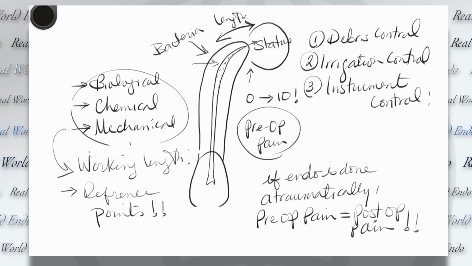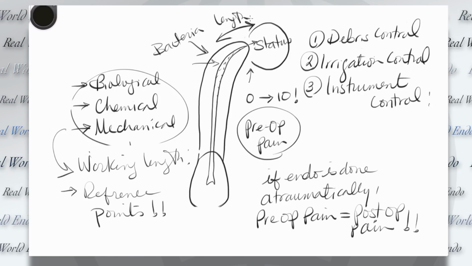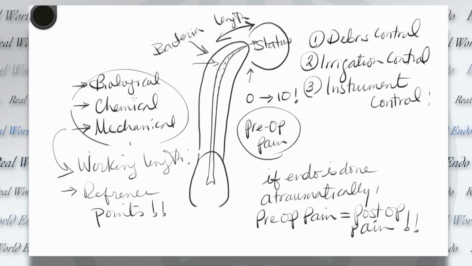All of these points are going to help reduce the biological, chemical, and the mechanical burden that comes out the end of the root. So I wanted to just give you this overview.